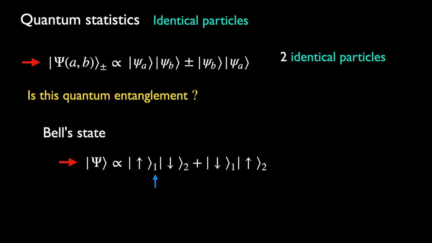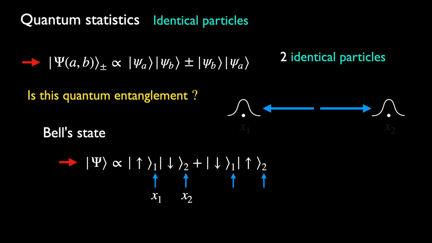The first and second cat actually carry additional information about their positions. In an EPR experiment, a pair of particles are prepared in the Bell state and sent in opposite directions. The two wave packets describing them have peaks at two distinct positions, x1 and x2.